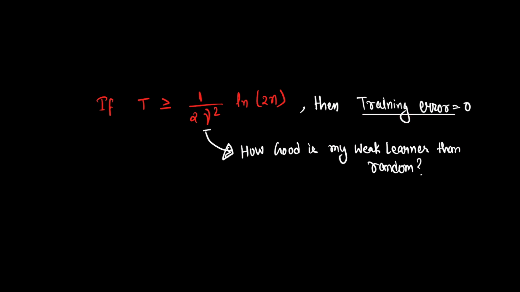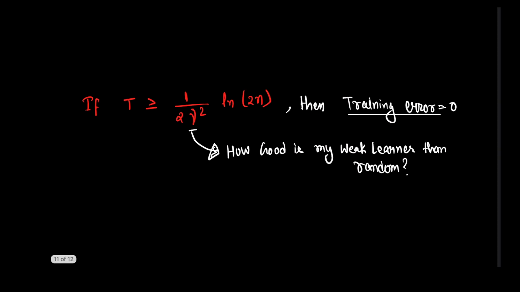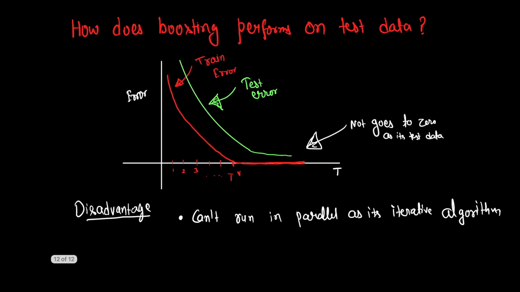Actually, this gamma shows how good my weak learner is compared to any random guess. So this gamma is the representation of how good my weak learner is than random.